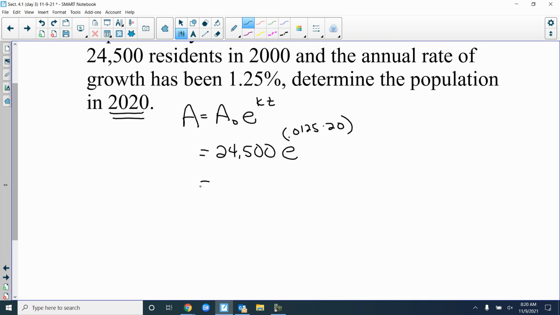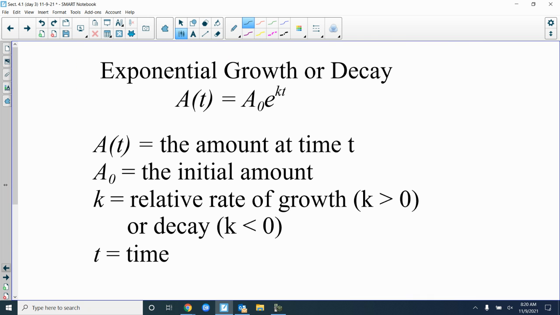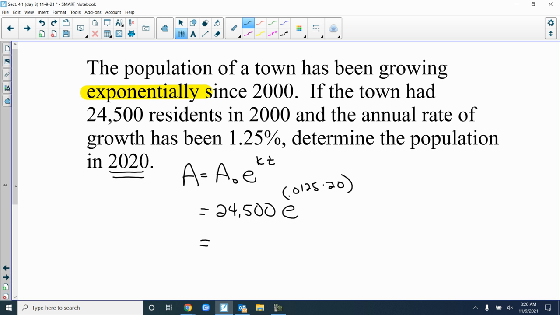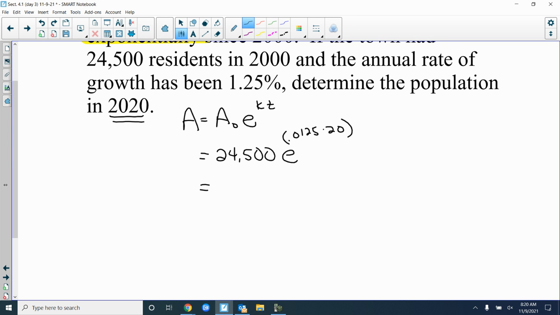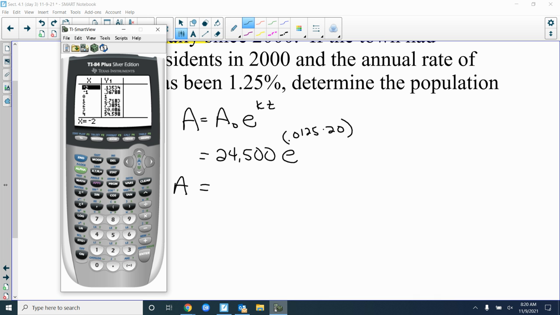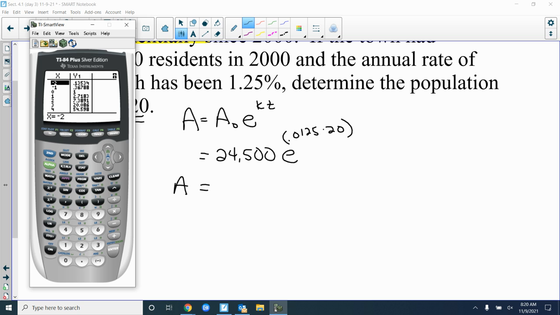Use your calculator. And then let's see what we get. Now round it to the nearest person, since we're dealing with population and not money.